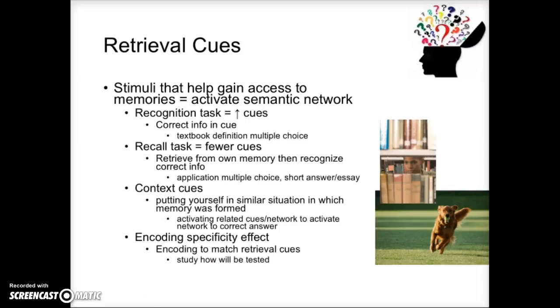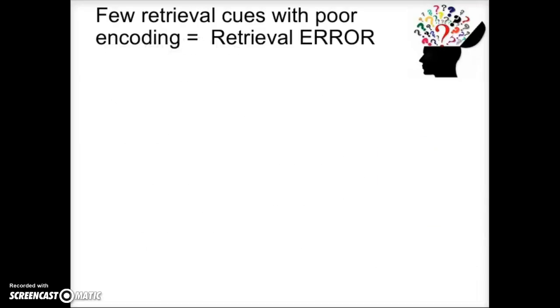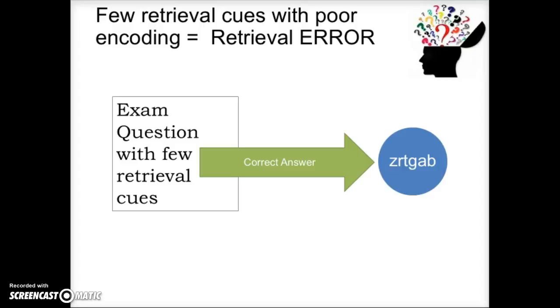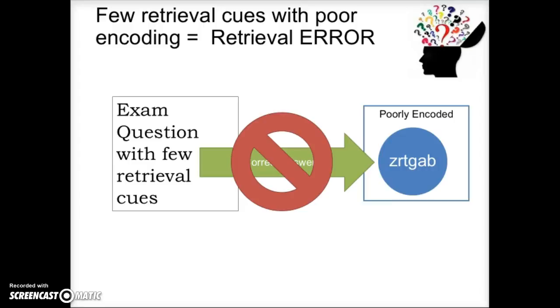So let's look at an example of where this maybe didn't go so well. Here we have few retrieval cues. We're going to have an exam question where there's not much in there that is textbook definition, coupled with poor encoding. So I'm trying to get to the correct answer, right? But if I haven't encoded it well, I'm not going to get to the correct answer.